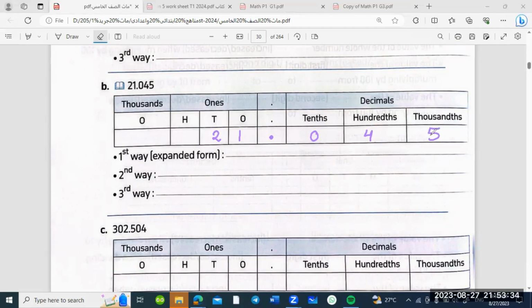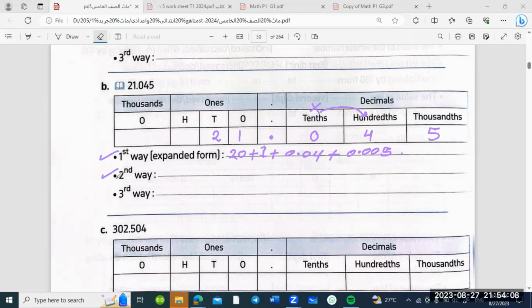What is the expanded form? 20 plus 1 plus 0... 0 is 0, don't write it. It has no value. Go to 4 and write its value. Plus 0.04 plus 0.005. Yes. Now, in this way, you wrote each digit with its value.